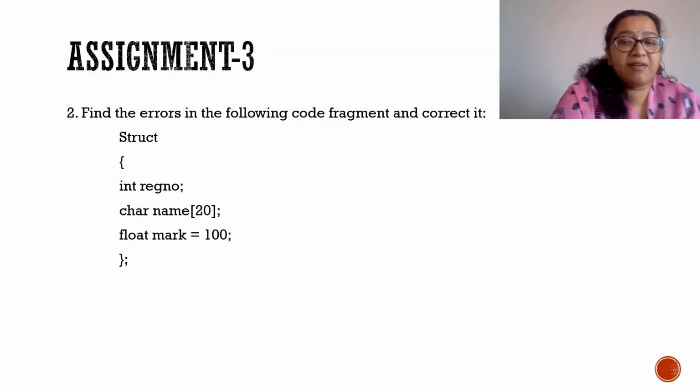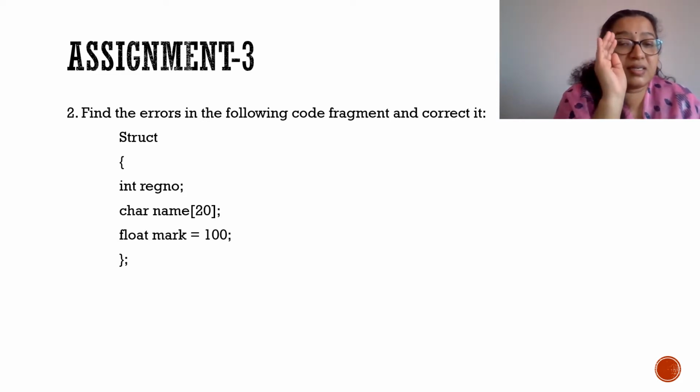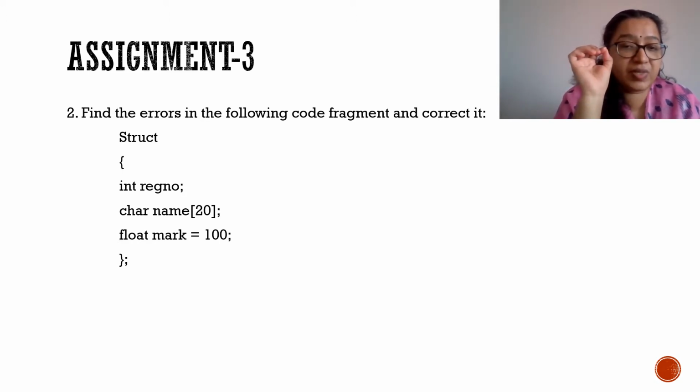Now find the errors in the following code fragment and correct it. Here also a structure is there. Just read carefully each and every part of that structure definition. All the elements, comma, dot, everything. Okay. Struct. See the spelling there.